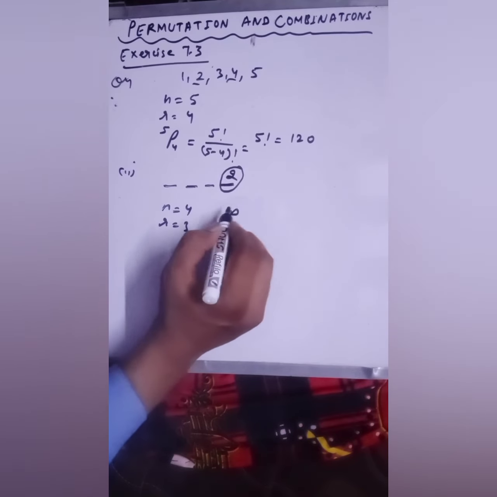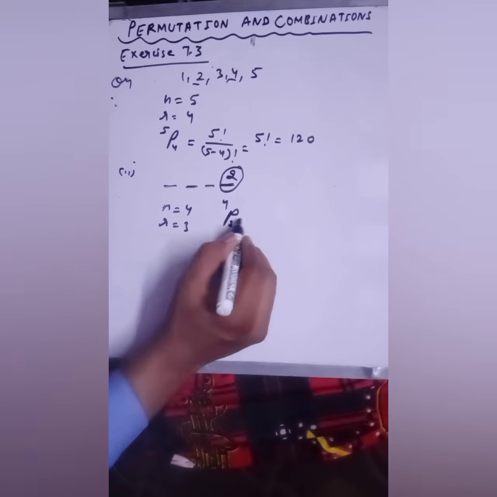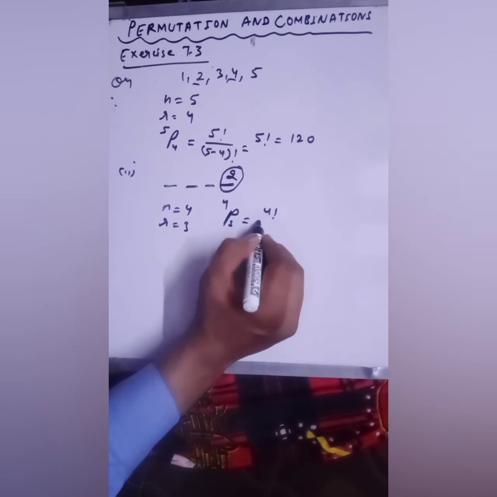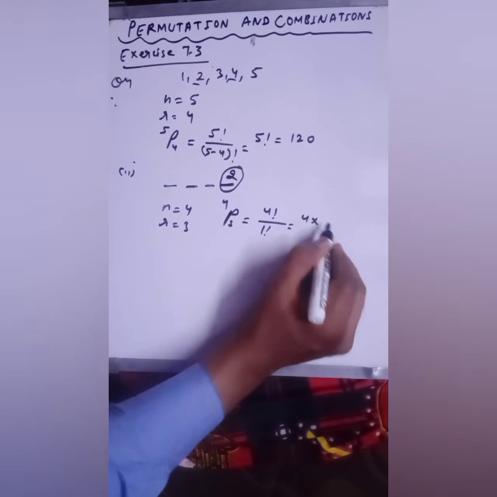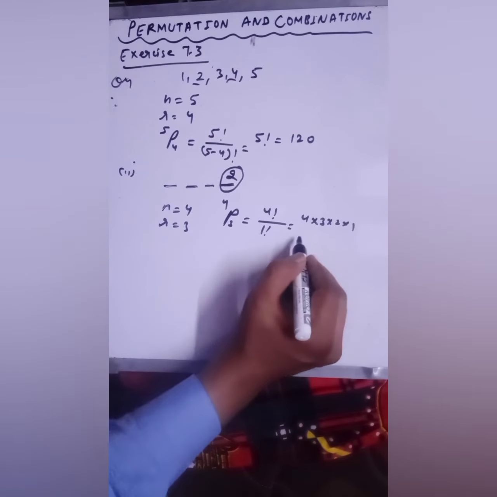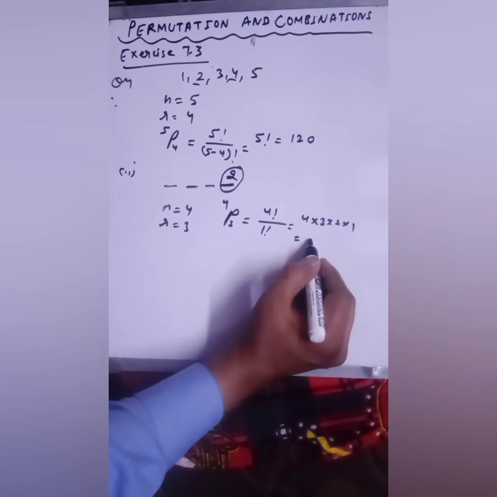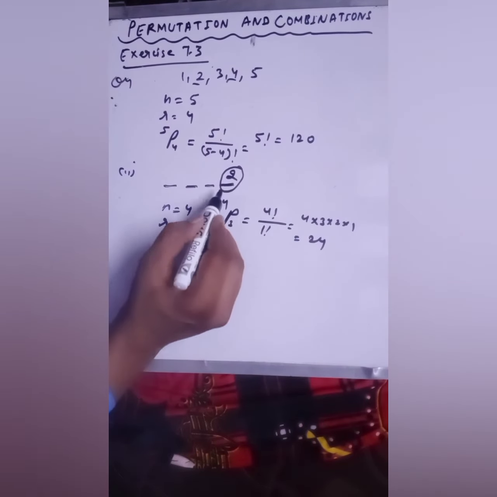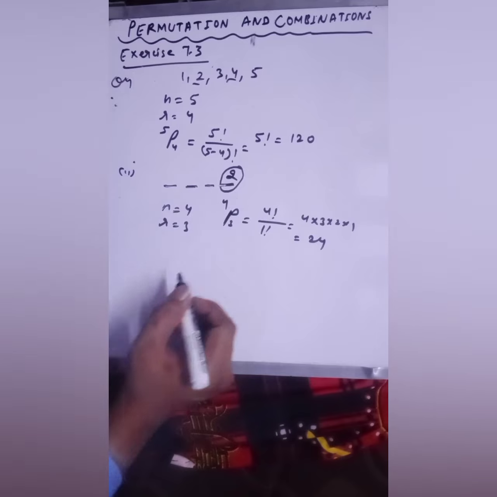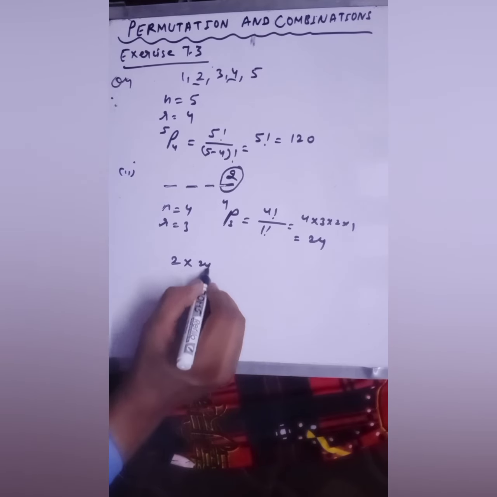So simplify it. You will get 4 factorial over 4 minus 3, that is 1 factorial. So 4 into 3 into 2 into 1, you will get 24. Got it? Now for this place you have 2 choices, so multiply it with 2.